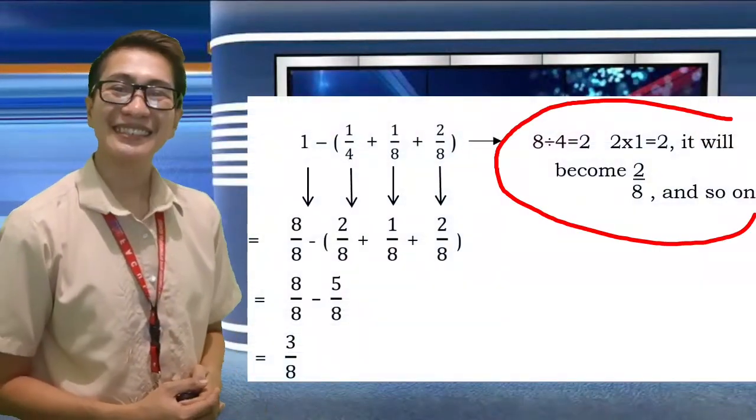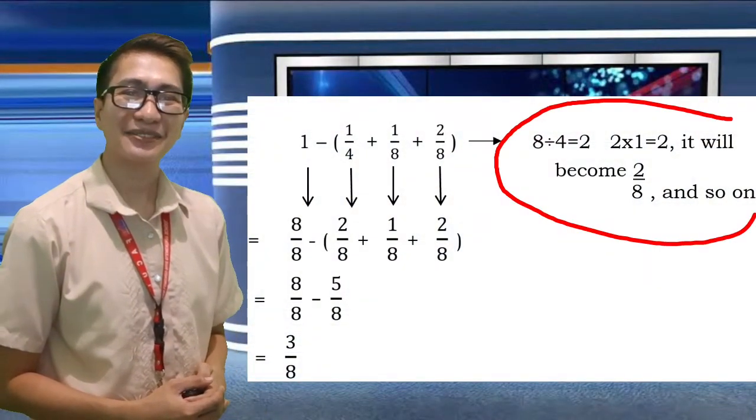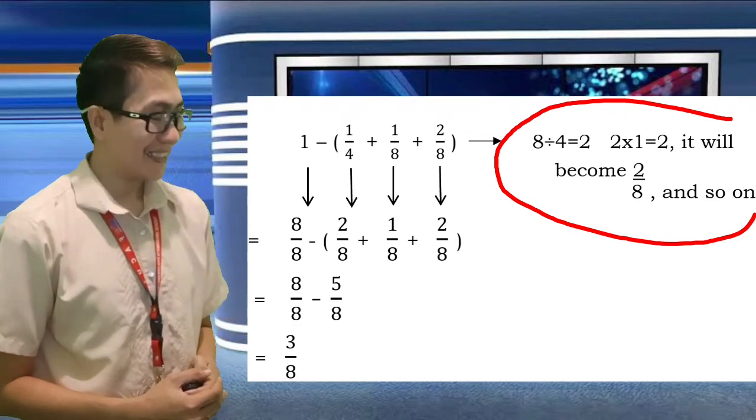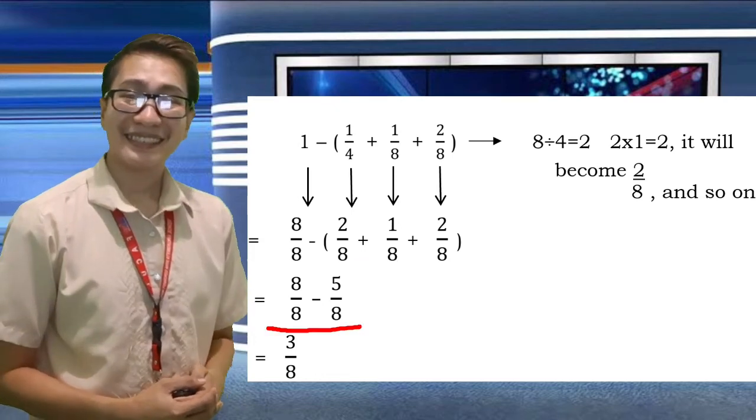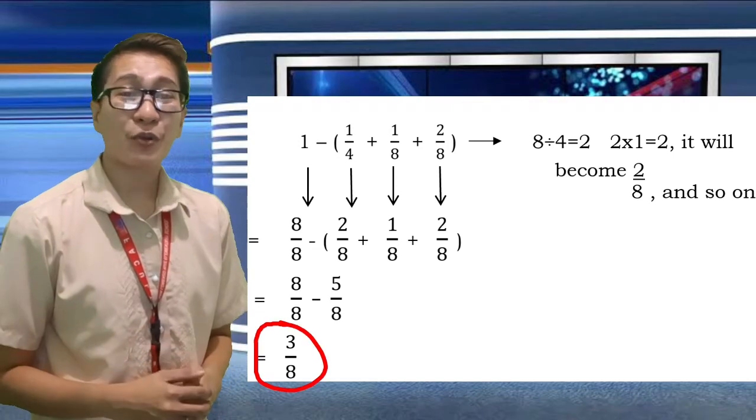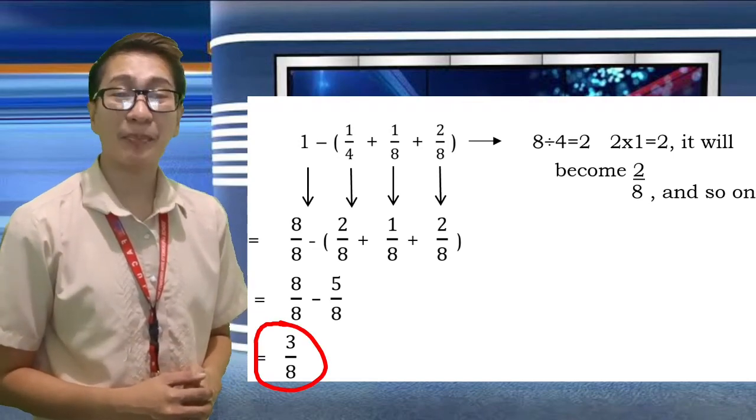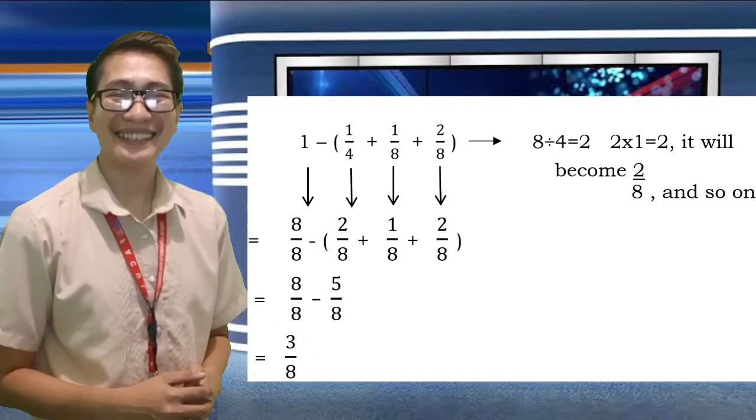So 1/4 will become 2/8 because we divided the LCD, which is 8, into the denominator, which is 4, and multiply it to the numerator, which is 1. So add first all the fractions inside the parentheses before subtracting. Therefore, there were 3/8 parts of the pineapple pie left to Althea.